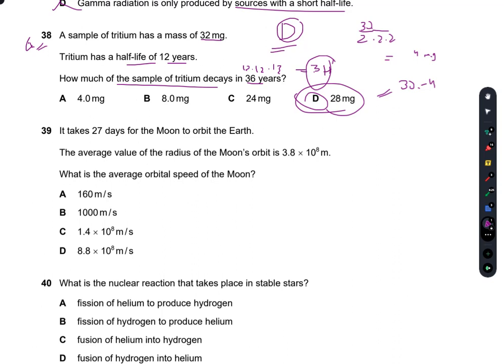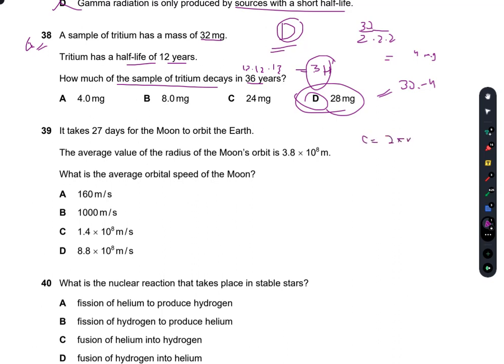This question was also quite tricky for me when I was first solving it. But if you look carefully, the moon is moving in a circular orbit, which means it is moving on a track which is a circumference of a circle in which earth is the center. Now circumference of a circle is equal to 2 pi r.